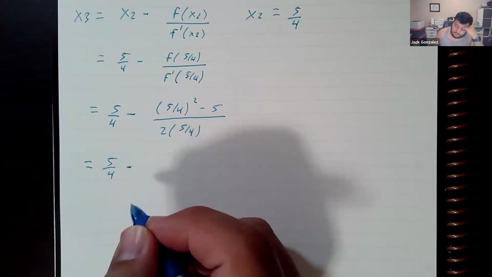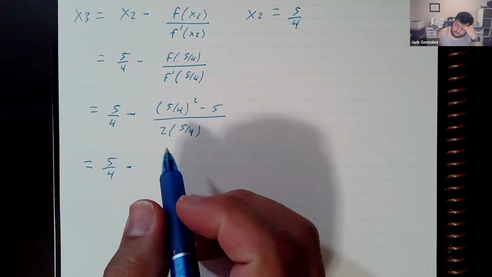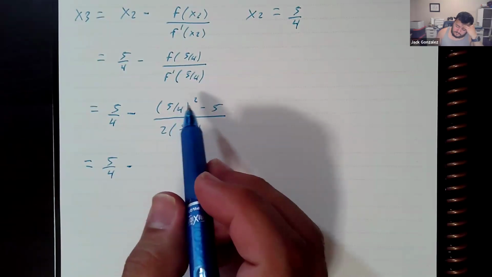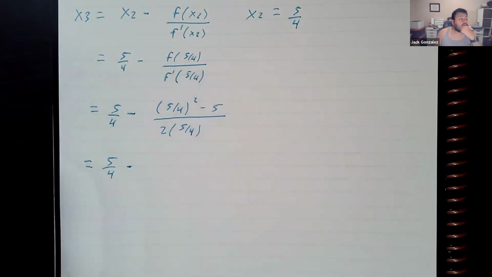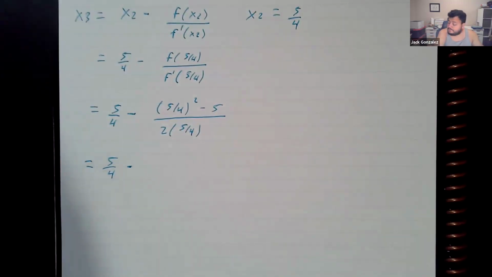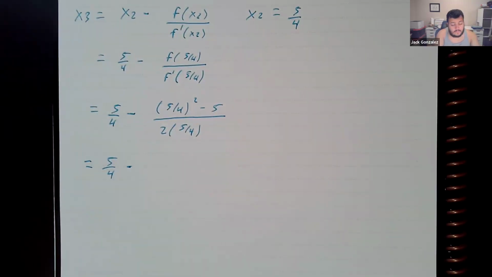So find all this nonsense. The homework will have you do it piece by piece, so don't forget. Use my calculator. 5/4 squared, minus 5.